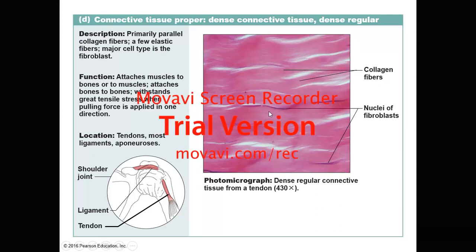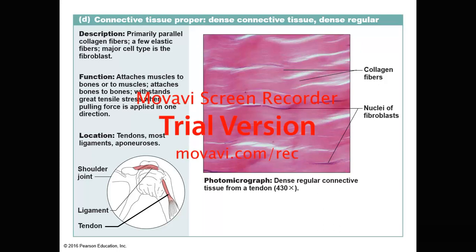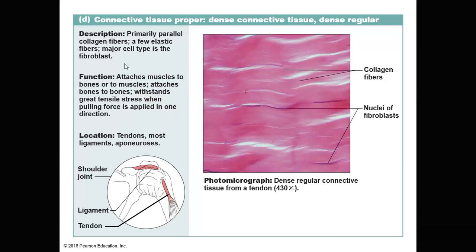Okay, so this is an image of dense regular connective tissue from a tendon. All right, so description: primarily parallel collagen fibers, a few elastic fibers. Major cell type is the fibroblast. Okay, function: attaches muscles to bones or to muscles. So just remember that tendons connect muscle to bone, okay, and ligaments connect bone to bone, all right?